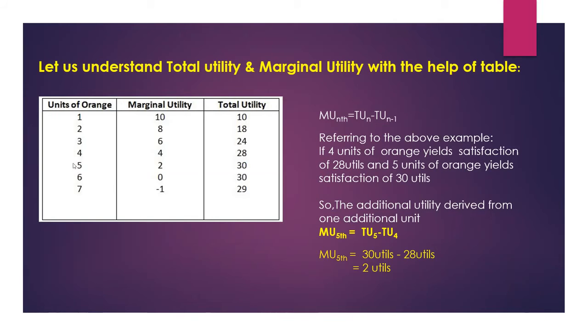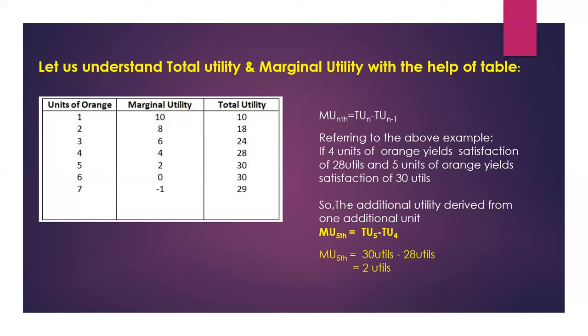Suppose we consume one extra unit of orange, so now we consume 5 units, and the utility derived from consuming that one more extra unit becomes the marginal utility. The total utility by consuming 5 units of orange becomes 30. So let us examine the additional benefit we get when consuming one more unit of orange.